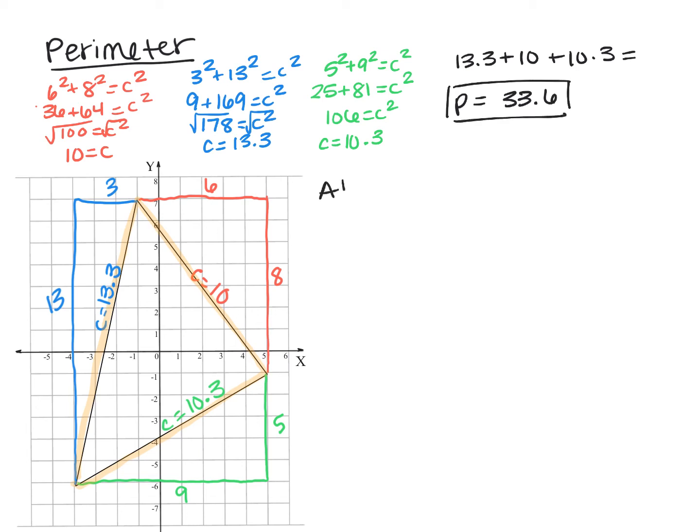Now we're going to look at finding the area of our original figure, which is this orange shaded region inside the triangle that was already on the coordinate plane when we started this problem.